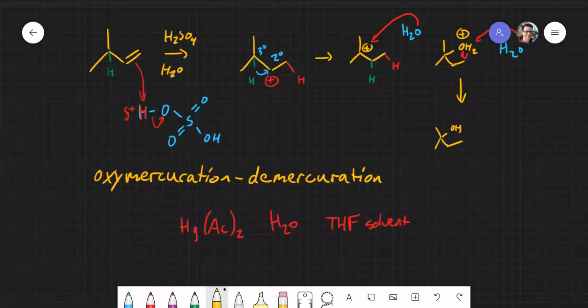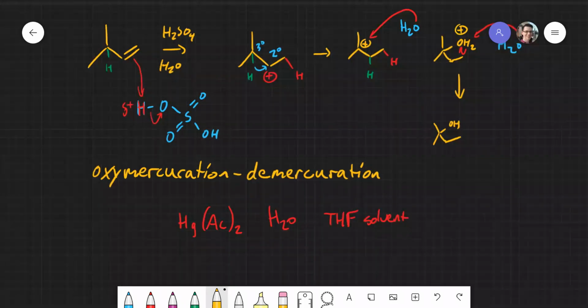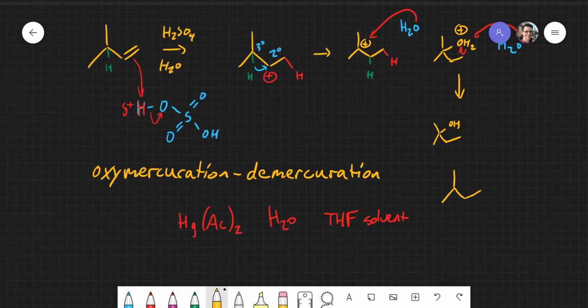So if we look at our previous example, rather than adding an OH and a hydrogen, we're going to add an OH and a mercury. That's the oxymercuration.